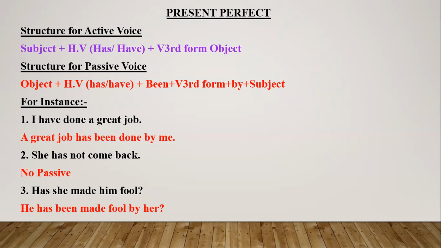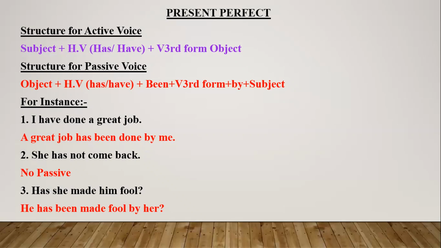Let's have an example. I have done a great job. Again, we have to find out an object. A great job. A great job has been done by me. Our object is a great job, and it is singular. So we have to put has over there, then been, then the third form, and by with me. Number two, she has not come back.